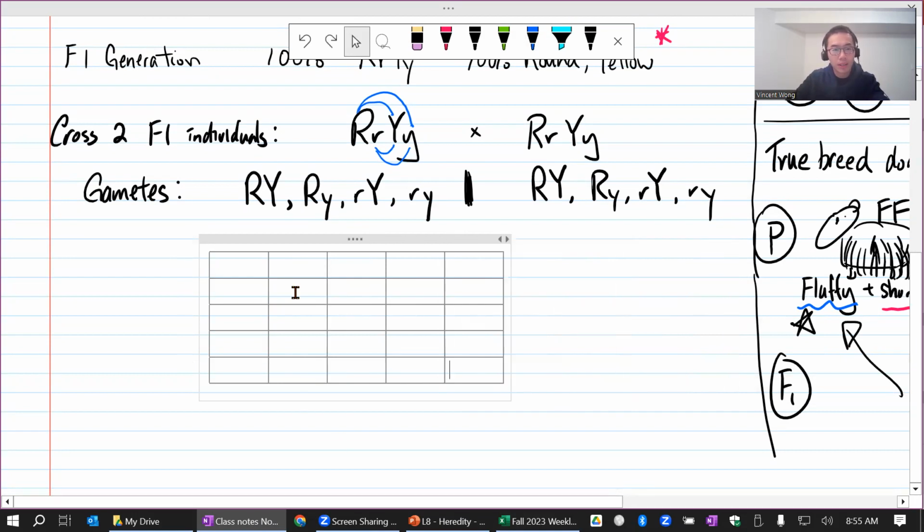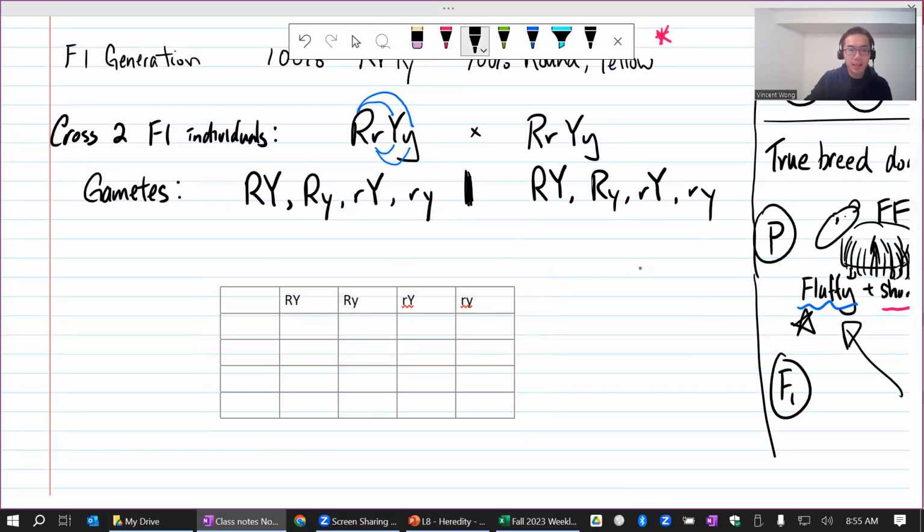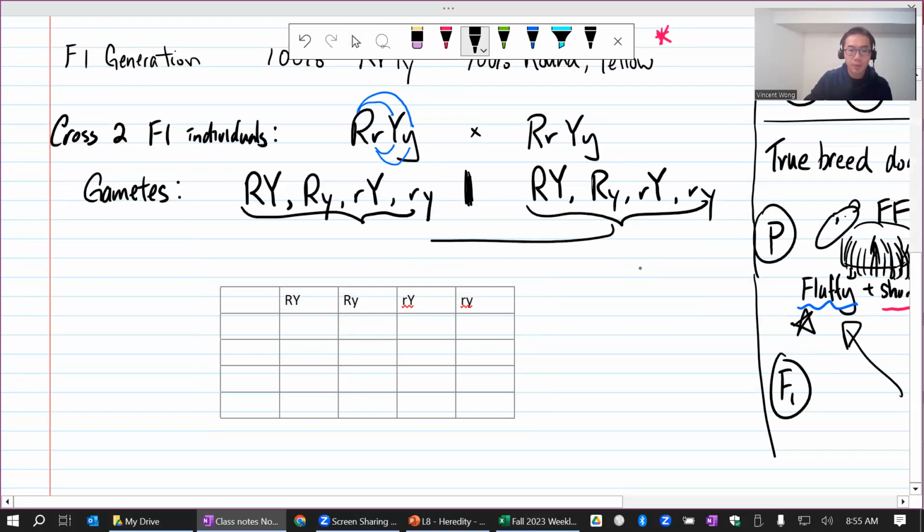It doesn't look like it's going to let me do it, but that's okay. All right, so I'm going to put the gametes here. It's just neater when I type it, okay? So big R, big Y, big R, small y, small r, big Y. Do you understand? Right. These are the gametes. And I just put one of the gametes here, and then I'm going to put the other gametes here, right?